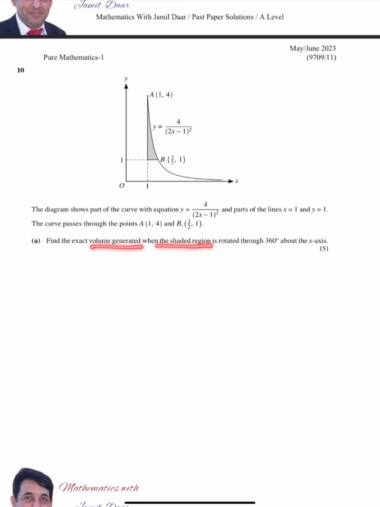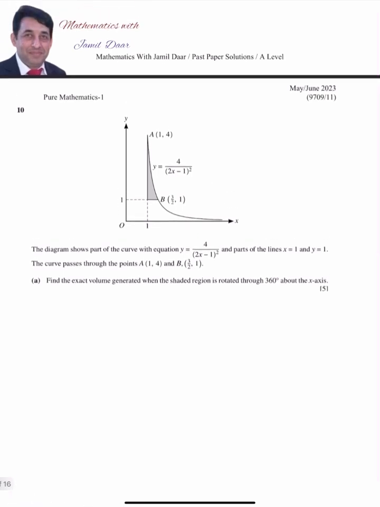Find the exact volume generated when the shaded region is rotated 360 degrees about the x-axis. So you have to find the volume of revolution. When this is rotated about the x-axis, the limits of x would be used.